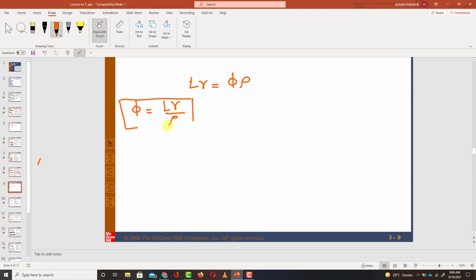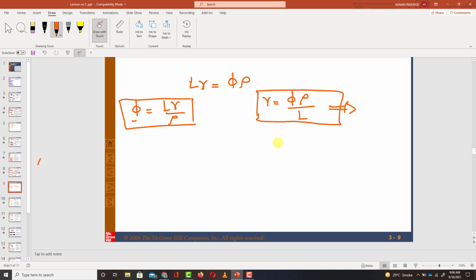Also we can write from this equation that gamma is equal to phi into rho over L. So this is the formula for angular deformation or shear strain, and this is the formula for finding the angle of twist. I will further use this formula.